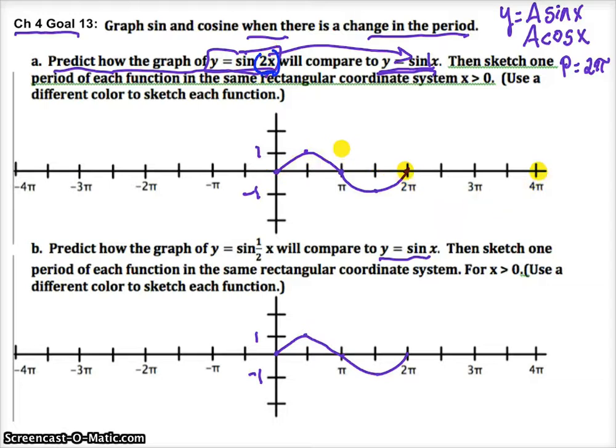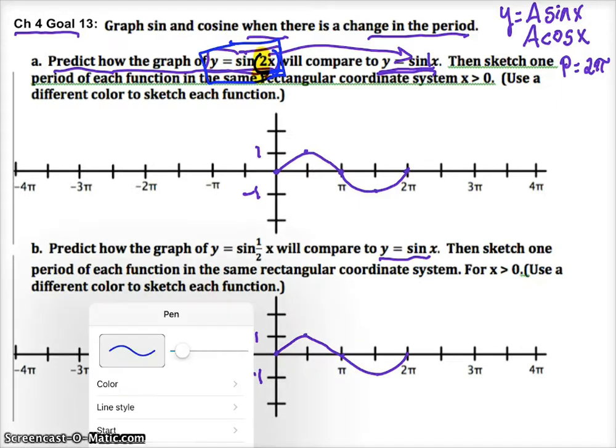Recall that what you've learned about transformations this year, specifically about horizontal transformations, is that the operation you see in the function always shows itself in the graph as the inverse operation. So the inverse of multiplying by 2, as we see here, would be to divide all of our x coordinates by 2.